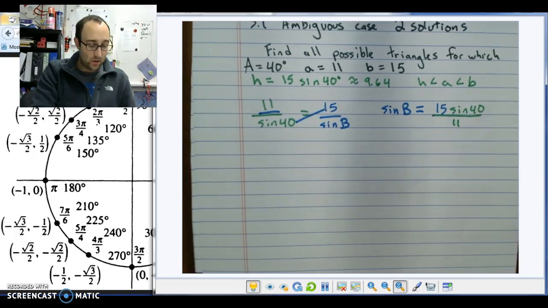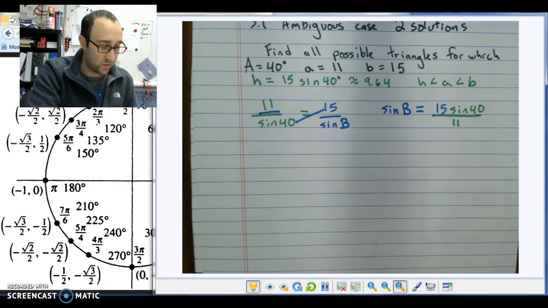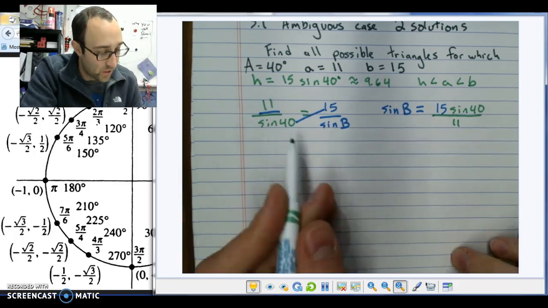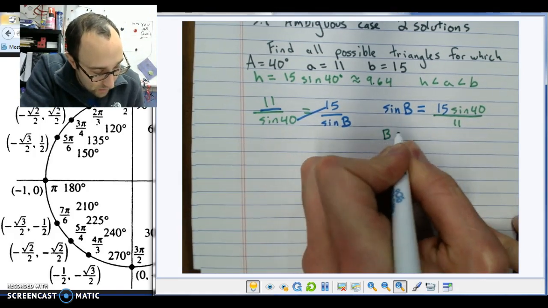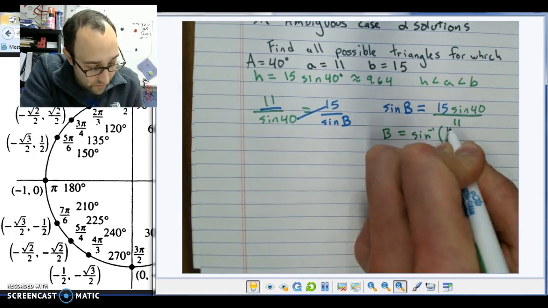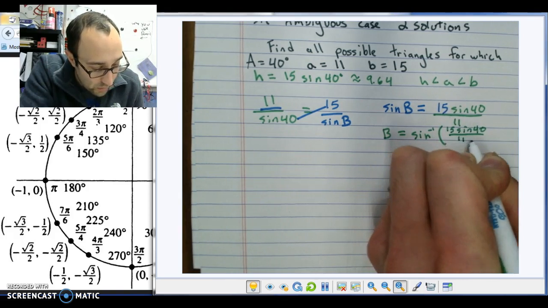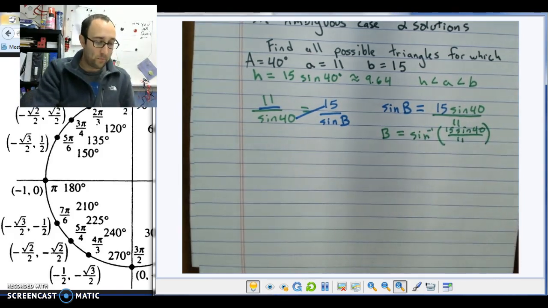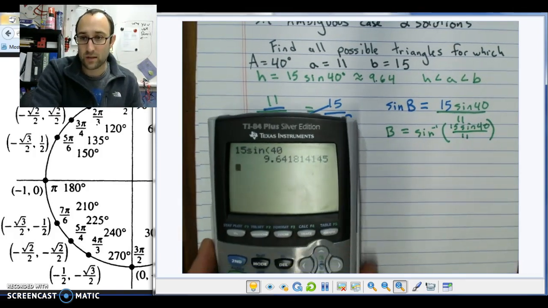Then we'll just find sine B. Actually, I'll take this one step further and write B equals the inverse sine of all this stuff, 15 sine 40 all over 11. That way I can figure out what B is going to equal. So let's get the calculator out and type all that in.